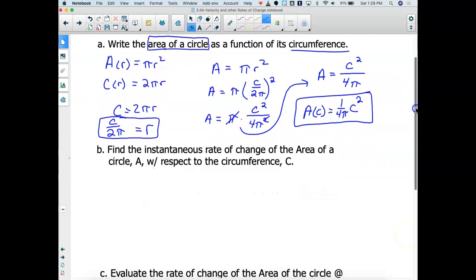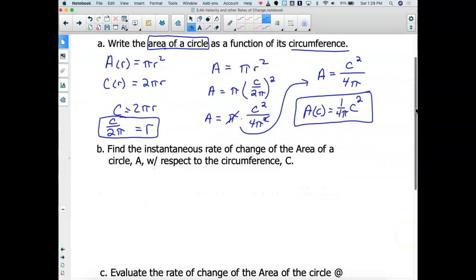And in part B, we're asked to find the instantaneous rate of change of the area. Instantaneous rate of change, what is that? That's the derivative. The instantaneous rate of change of the area of a circle with respect to its circumference.